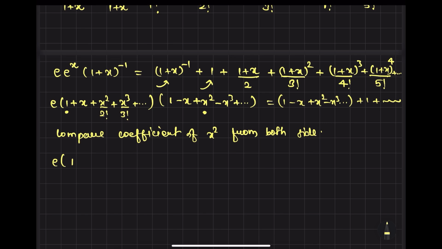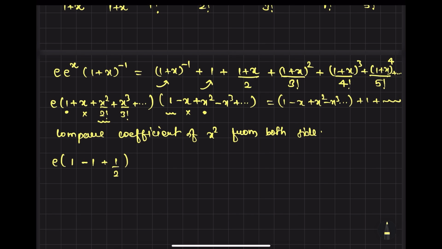Correct? Now I want to multiply this, so this should be multiplied with this, so it is minus of x square, so minus 1. Correct? Now I want to multiply this thing, so this thing will be multiplied with 1, so it is plus of 1 by 2 factorial. 1 by 2 factorial is nothing but 1 by 2.